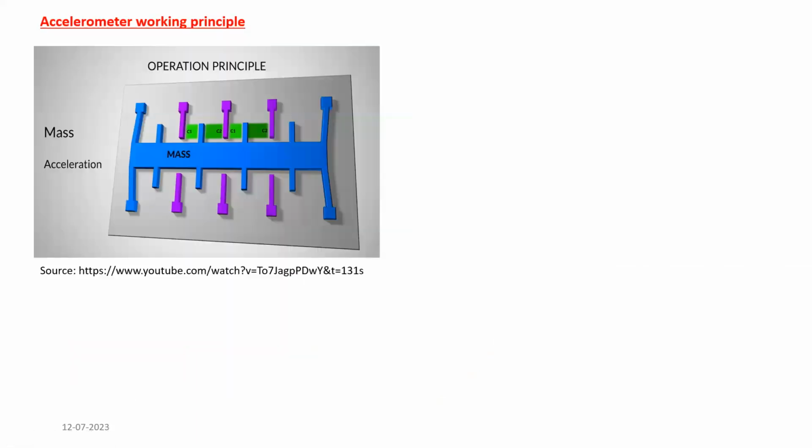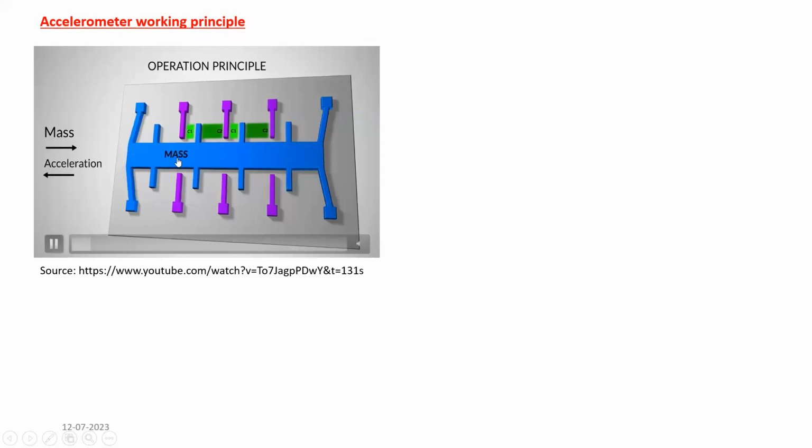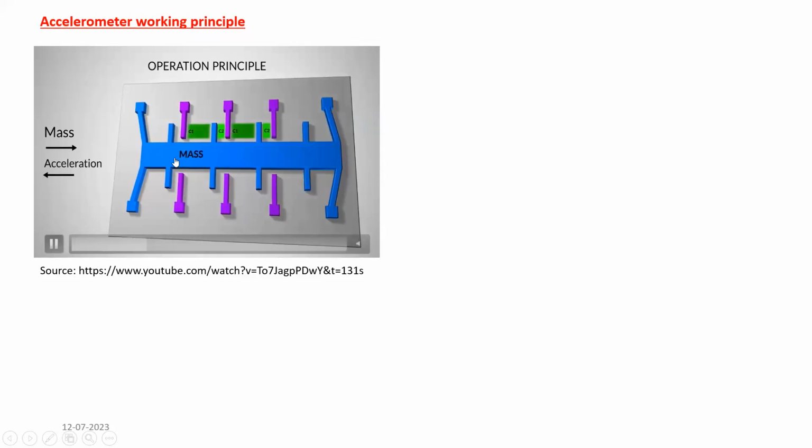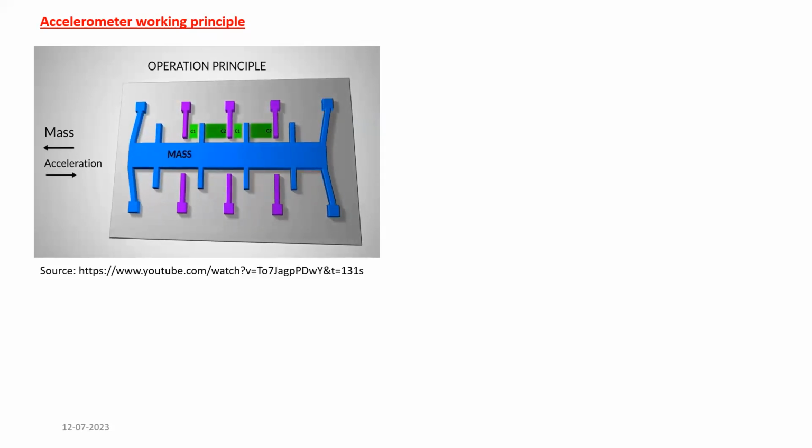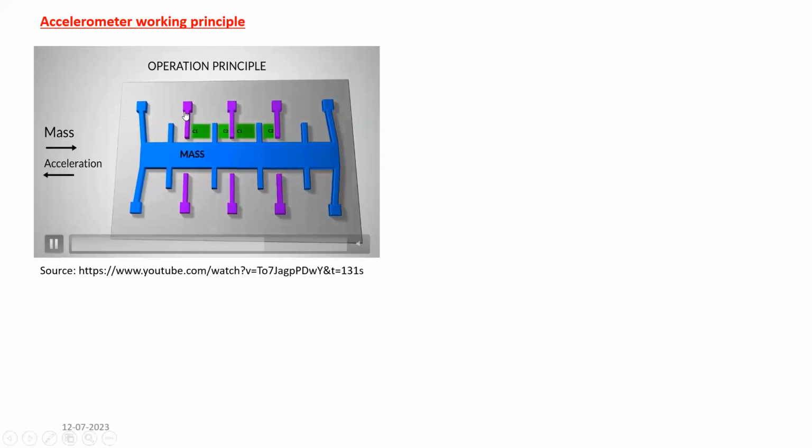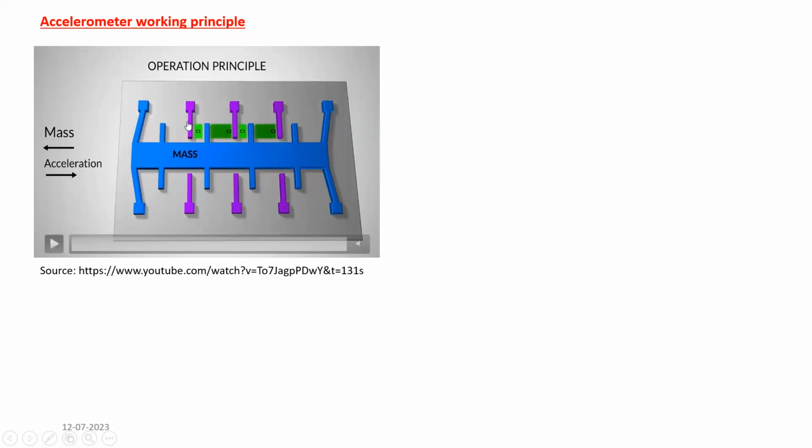Coming to the working principle of each sensor in the inertial measurement unit, let's take the accelerometer working principle. It has a movable mass. Based upon the acceleration, the mass will move. It also has some plates which are fixed to the body, and there is a capacitance between the movable mass and the fixed plate. Depending upon the acceleration, the mass will move, and depending upon the movement of the mass, the capacitance of the capacitor will change.